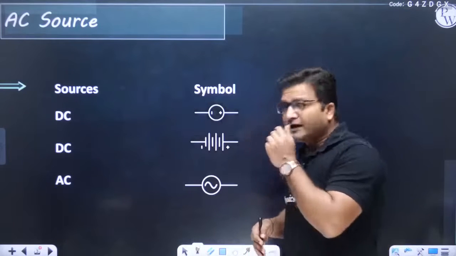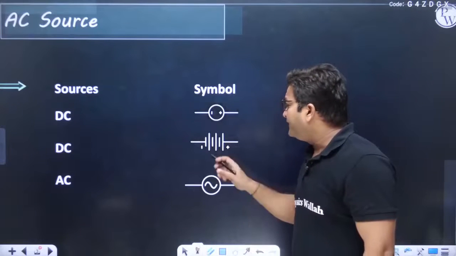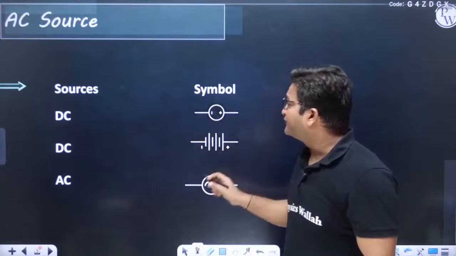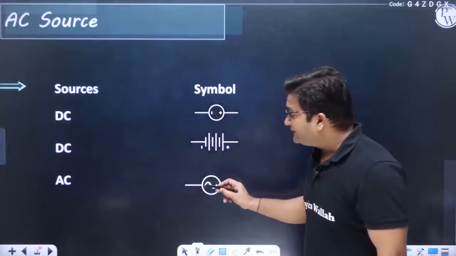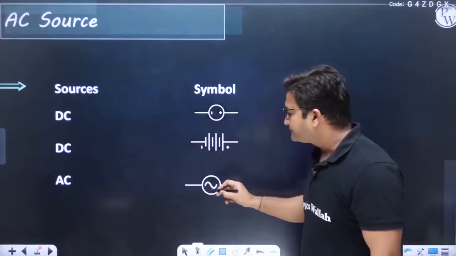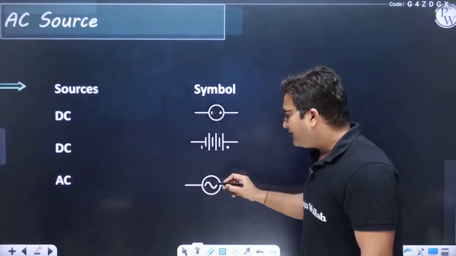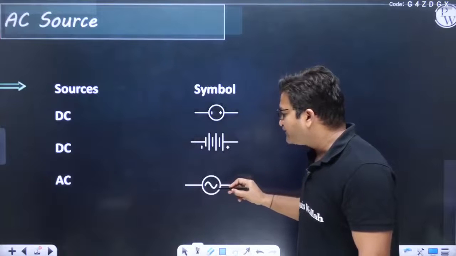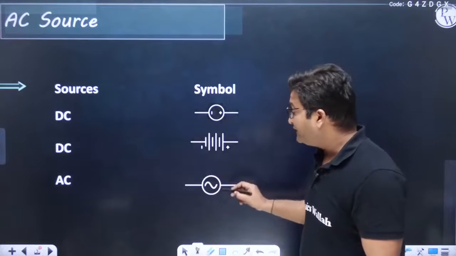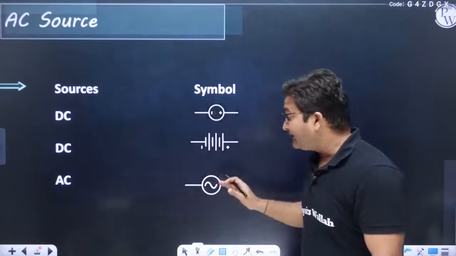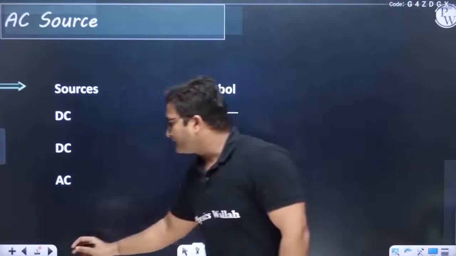So as we do not have fixed polarity, we don't write the plus and minus sign as we used to write in DC. Here we show an AC source like this, a circle, and in that a wave-like shape, and this represents an AC source. Always remember, if you see this, always understand this as an AC source.